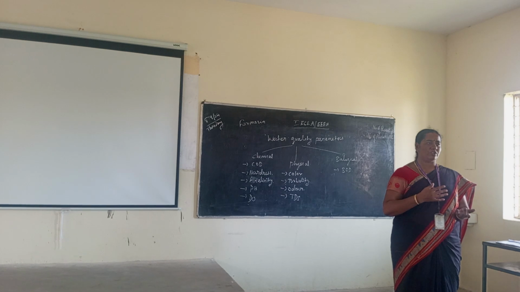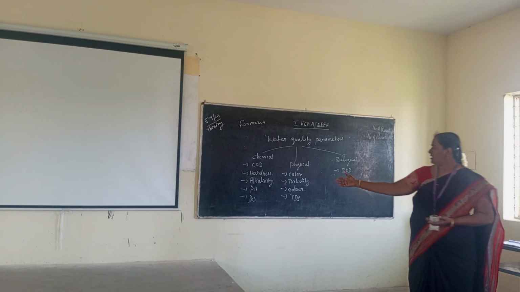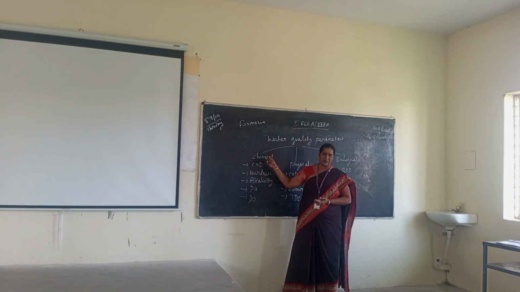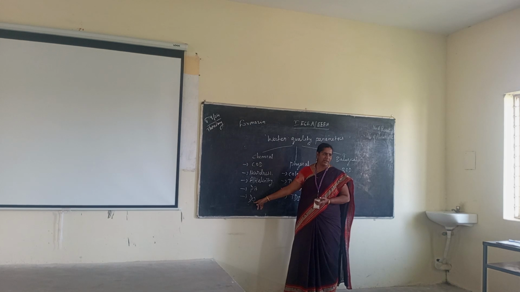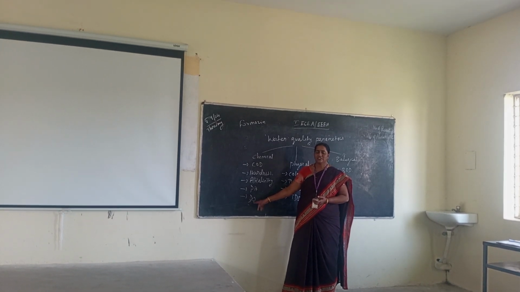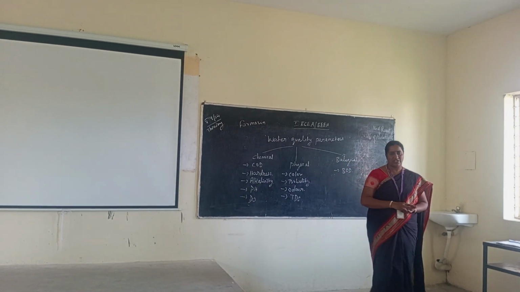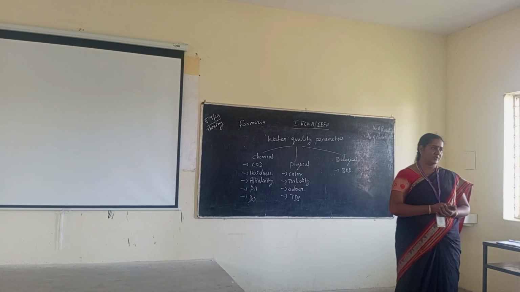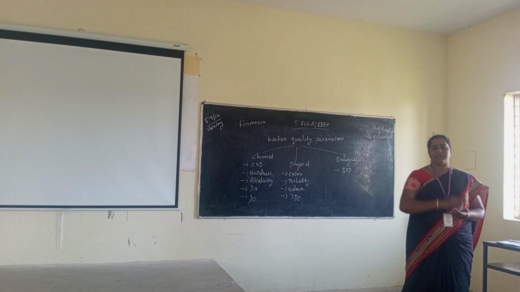Water already has oxygen in it, called dissolved oxygen, DO. Before COD and BOD, we need to know about DO. For better water, the dissolved oxygen must be 4 to 6 ppm.